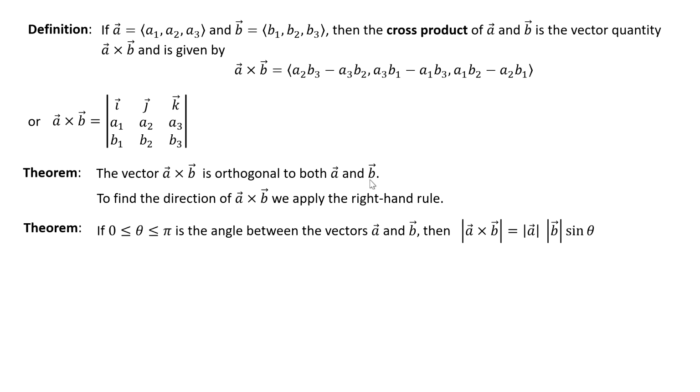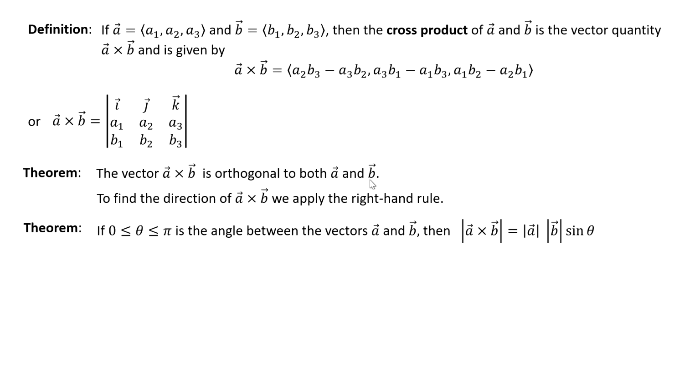Next theorem. If theta is between 0 and pi, 0 and pi included, is the angle between the vectors A and B, then the absolute value of A cross B is the absolute value of A times absolute value of B times sine theta. Notice something here.